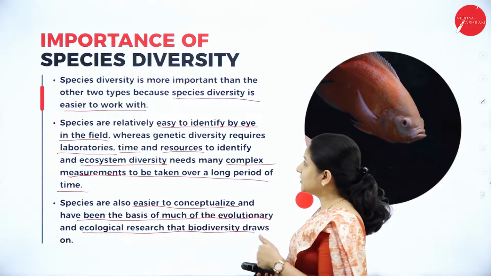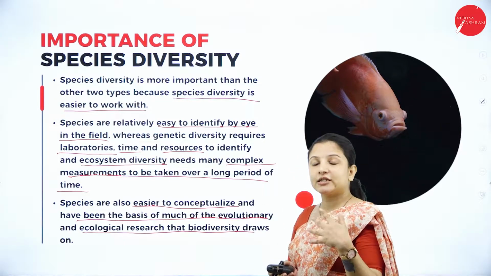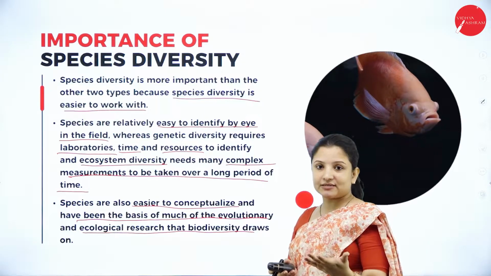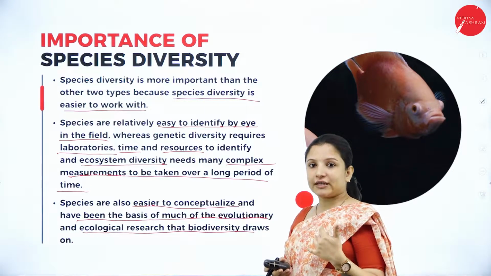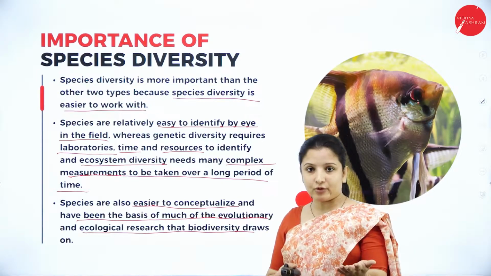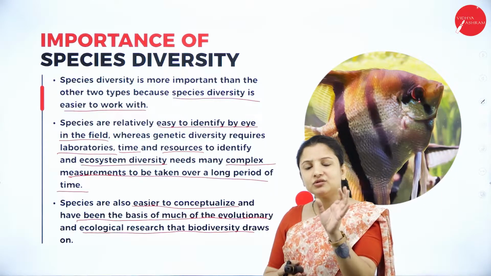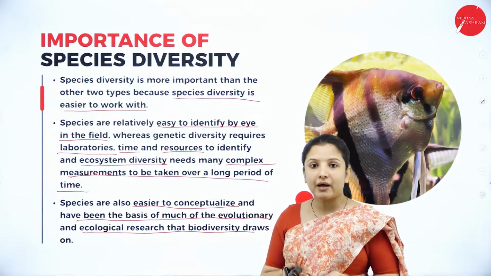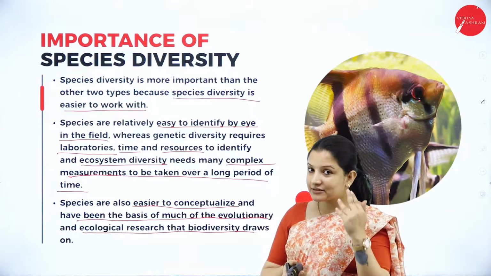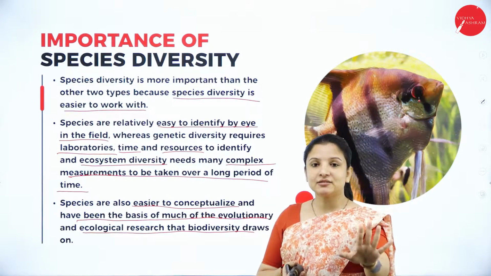And one more reason is that species diversity makes evolutionary studies easy. Why? Say, for example, Mangifera indica, that is, it belongs to mango, right? So I know the species is Mangifera indica. Now, if there is some slight variation in the mango plant, I can easily look into the characters with my eyes and say there are some variations.